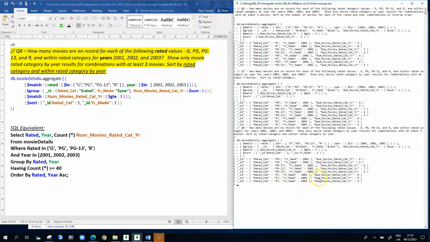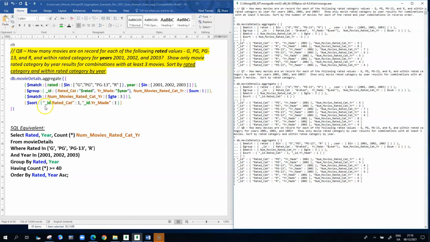Whereas now, if you look in particular at the PG13 documents, the first one is year med 2001, the second one is 2002, and the third one is 2003. If we contrast that with the previous output, we had 2002, then 2003, and finally 2001.